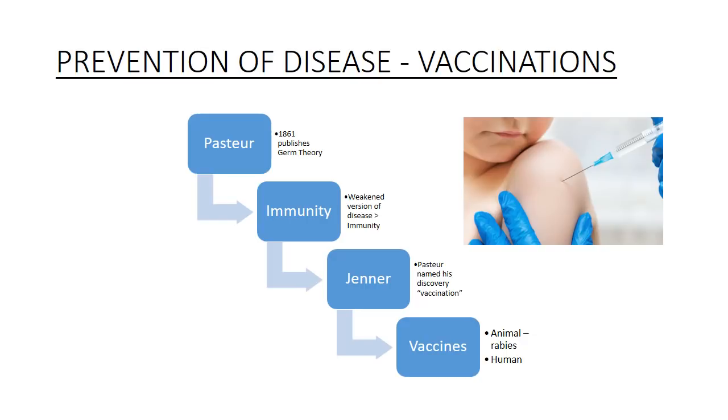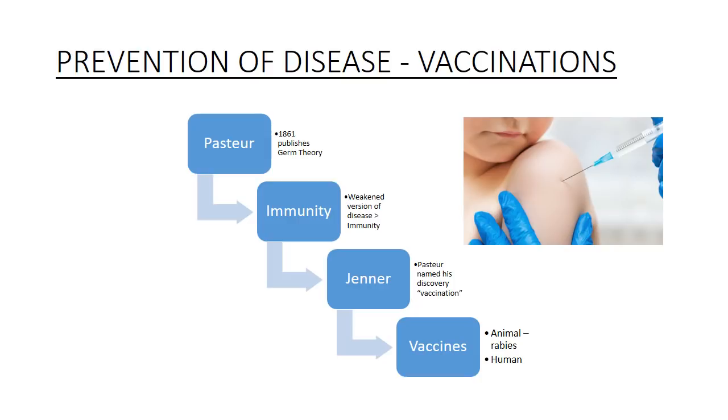Okay, another big development at this time was vaccinations. When Pasteur published his germ theory in 1861, his team of scientists continued to work, and they realised, again purely by accident, when they were helping out with some chicken cholera issues, that a weakened version of the disease would give the animal, in this case the chicken, relative immunity.